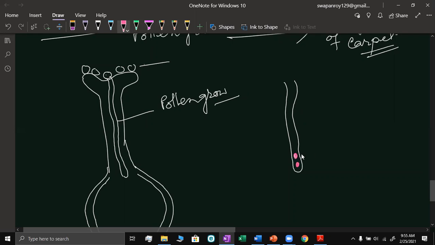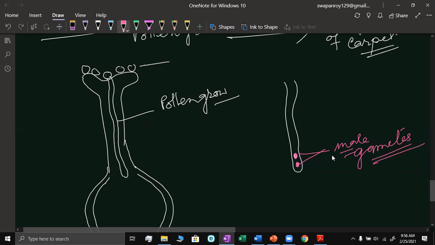So each pollen grain produces two male gametes.